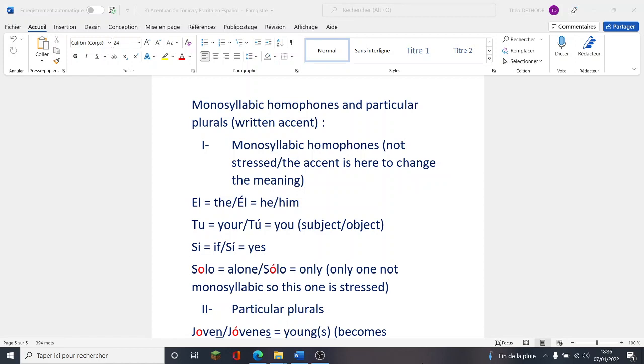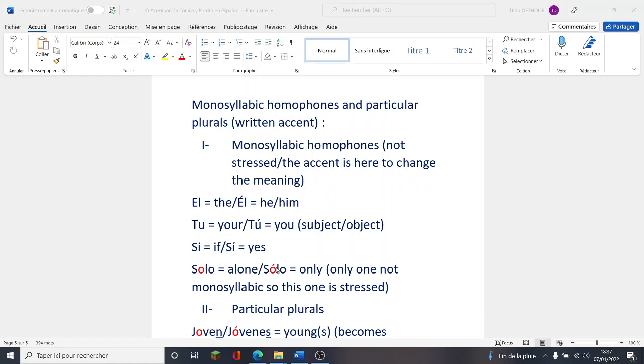The first one without accent means alone, and the second one means only. And those ones are accentuated on the last but one syllable. Both of them are stressed because they are plurisyllabic words.